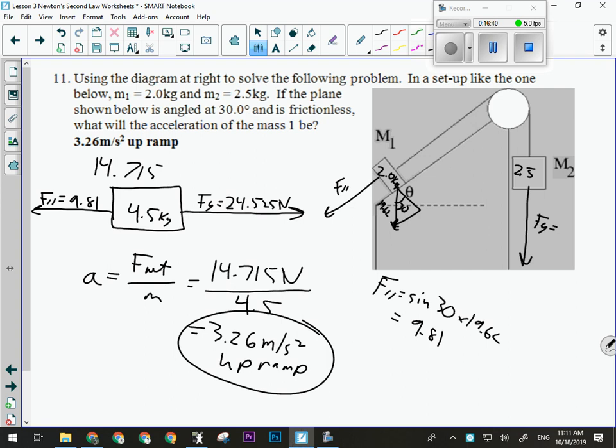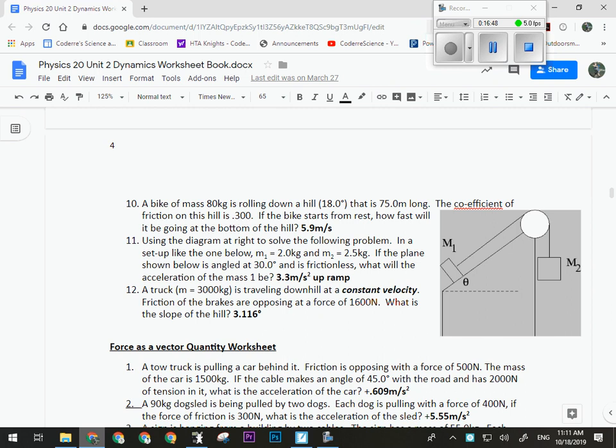Okay, ready? Good with that. All right, I want you to try number 12. Still an inclined plane, still similar processes, except this time you're actually looking for the angle of the ramp.